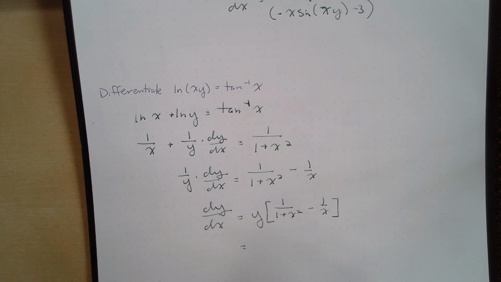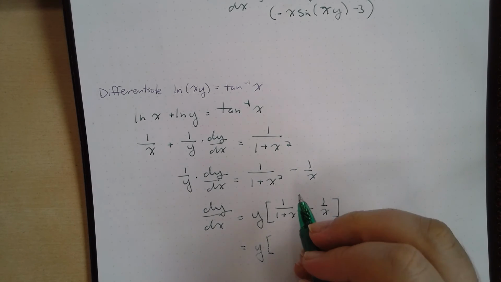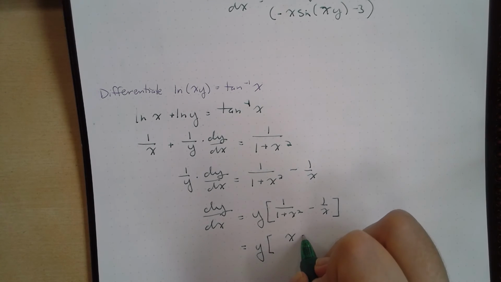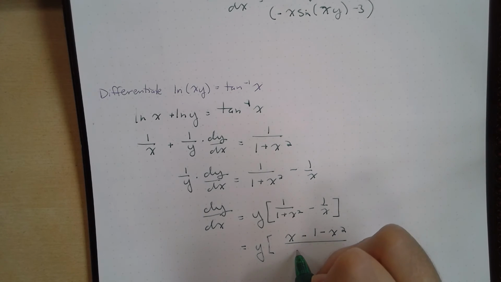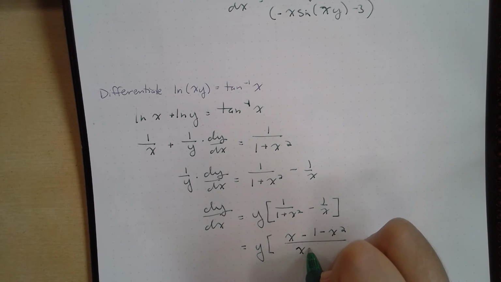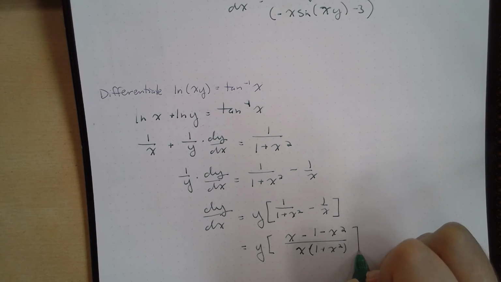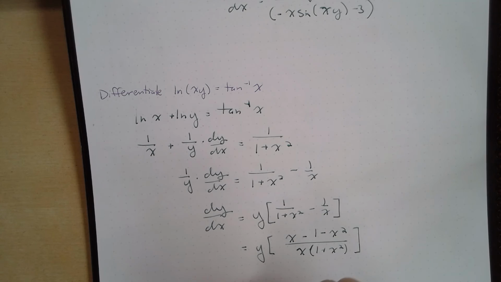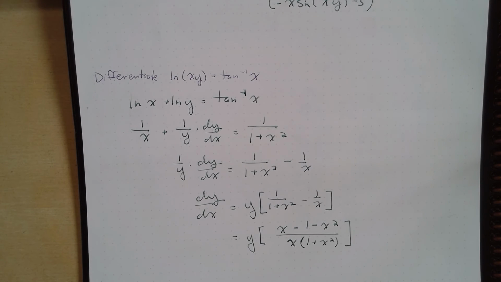I don't really feel like finding a common denominator, but I guess I could, right? So I've got y times x minus 1 minus x squared over x times 1 plus x squared, right? Yes, something like that. And you could keep simplifying if you wanted to, but basically that's it.